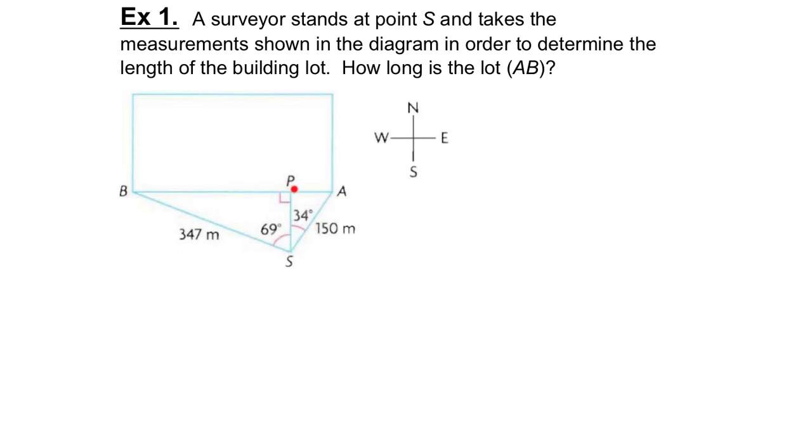They picked a point labeled P that is on the building lot, but perpendicular to where they're standing and the length of the building lot. They measured the angles on either side of that. So here are all the measurements. Our goal is to find the distance from A to B. It looks like we have two right triangles.